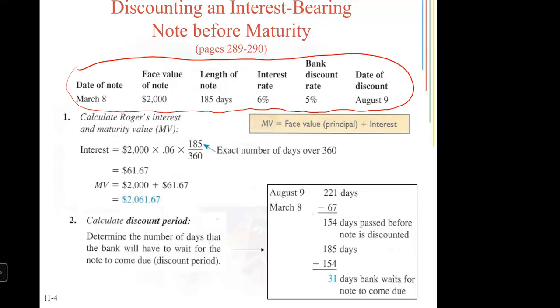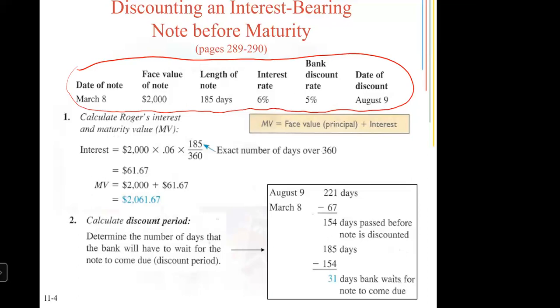But they are going to take this note to the bank, okay, before it is due to mature. The time that the bank is going to keep the note for is called the discount period. So we need to now work out, if they take this note to the bank on August 9th, how long is it that the bank will hold it for?